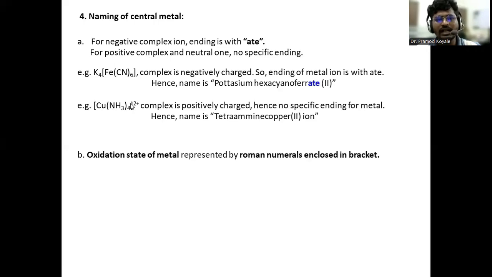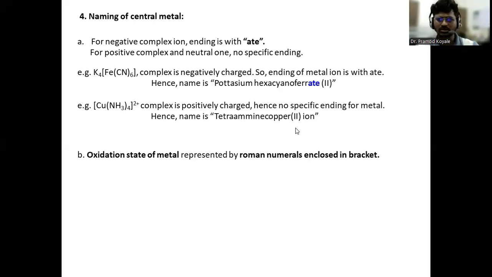First write the name of the ligand. Those are 4, so tetra. So tetraammine copper as it is, because it is positive one, no specific ending is required. Then write the oxidation state of the copper, which is 2 plus, within the bracket.